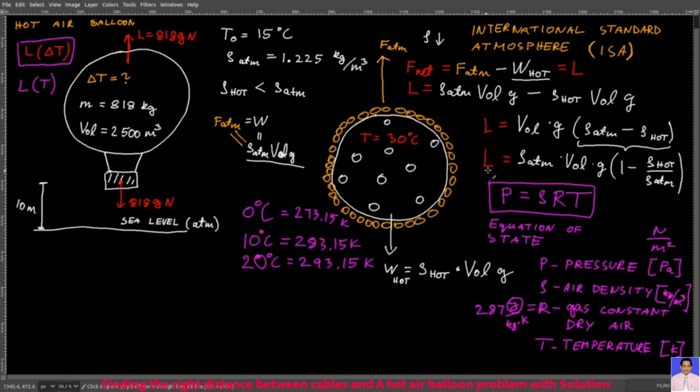In other words, how much temperature do you need to add so that your lift force would be 818 G newtons? So you will have to combine this equation with this lift equation.